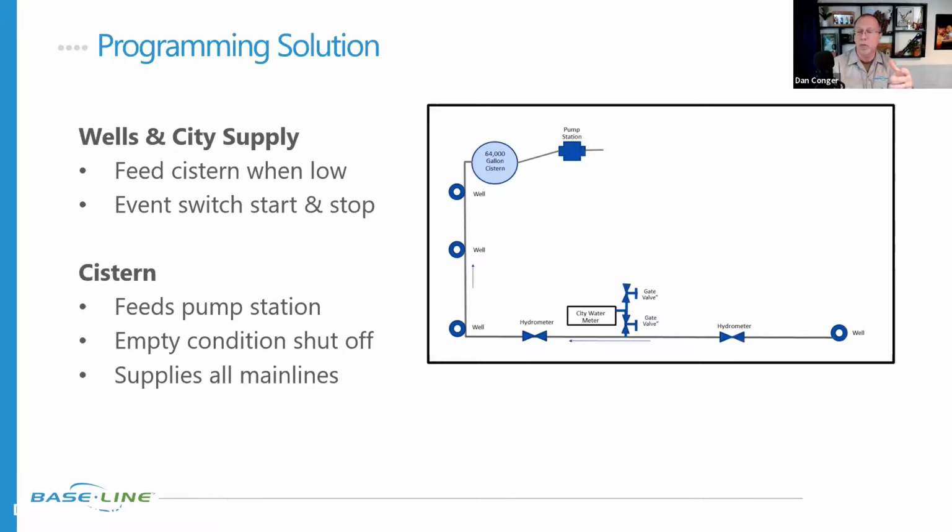The pump station is the water source. If there's an empty condition, or if it drops too low in that cistern, it will stop, right? And it's just a full stop, discontinue this water source. In this case, since they only have one water source, done. If they had another water source, it could then go to the backup or the alternate water sources. And then this cistern, or this pump station, if you will, feeds all the main lines. Okay, so then let's bring in the main lines on the programming solution.